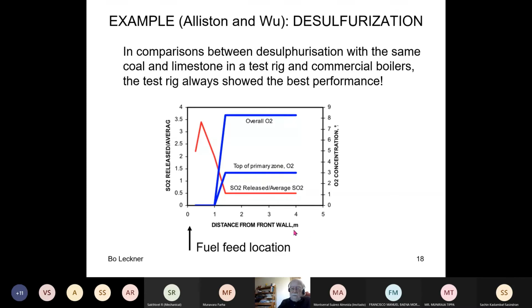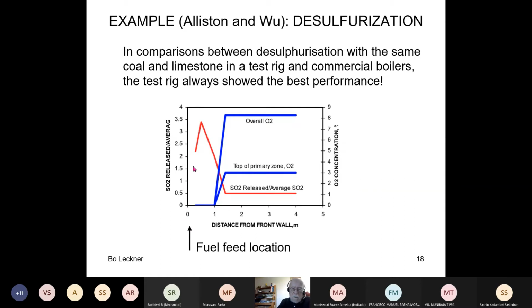And the results from the large plant were seen here in their measurements. The SO2 concentration. First, I should say that this axis is the distance from the front wall, and fuel, of course, was added at the front wall, and these are concentrations.